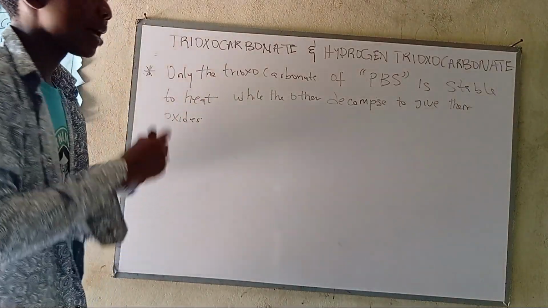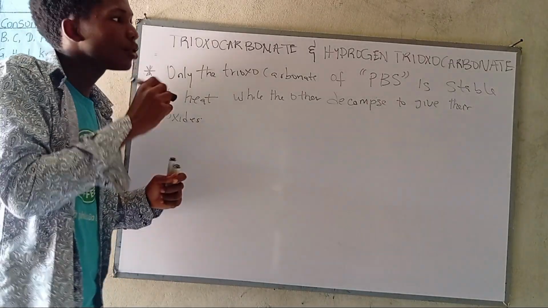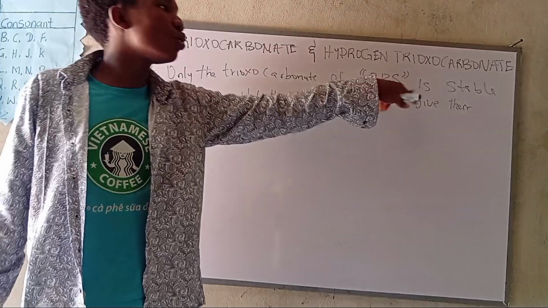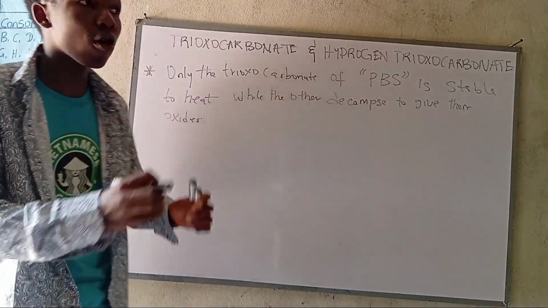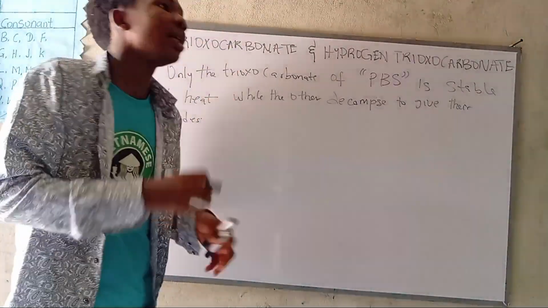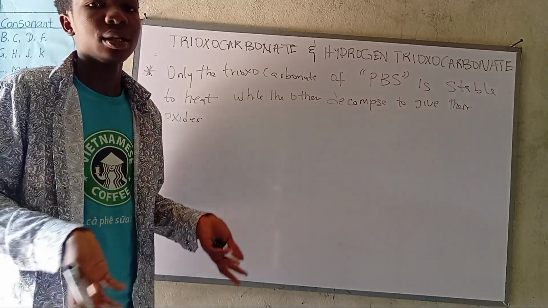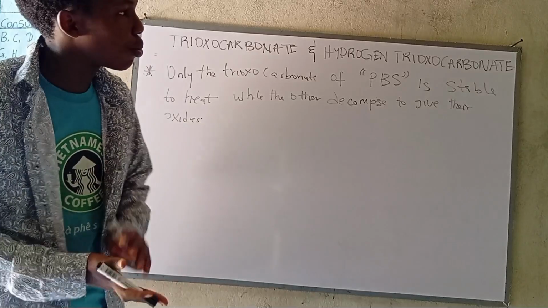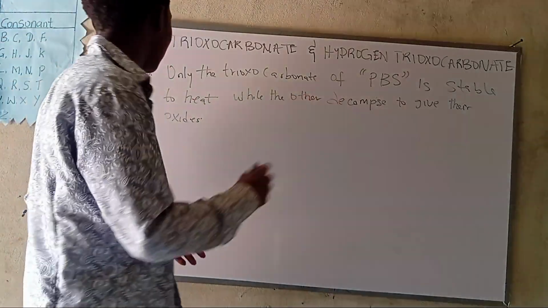What do we mean by stable to heat? We mean they don't decompose on heating. No matter the amount of heat you put on them, they can never decompose on heating. Maybe they can decompose by adding a catalyst, but not on heating. While the others decompose to give their oxide.